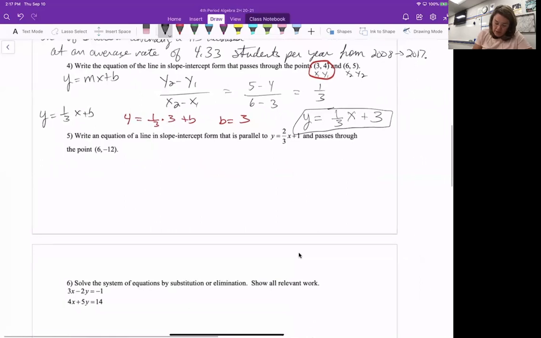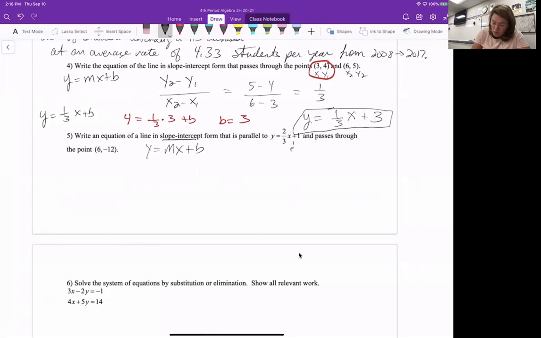Write an equation of a line in slope-intercept form. What am I doing? y equals mx plus b. We're going to find the line that's parallel to this line, y equals 2/3 x plus 1. Well, if it's parallel, what do we know about the slopes?